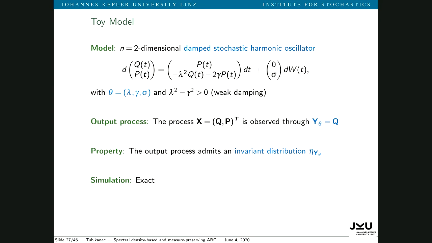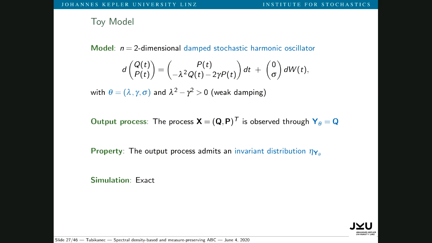The model is the damped stochastic oscillator. It is a linear SDE, which means that we can solve it explicitly, and this is the reason why we have exact simulation available.